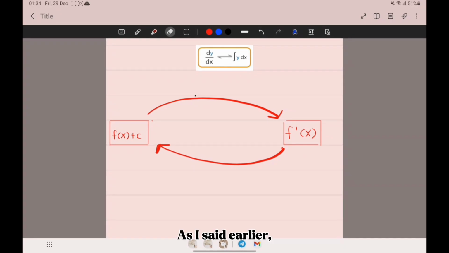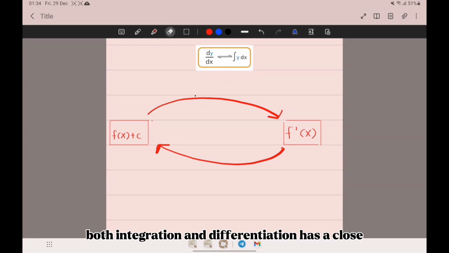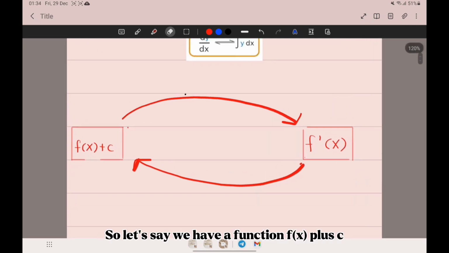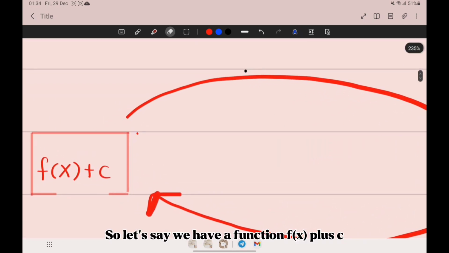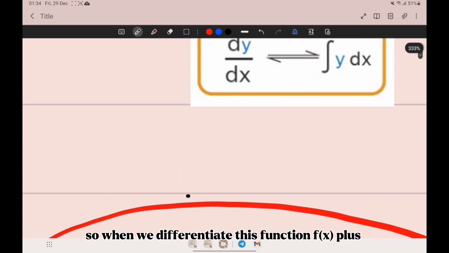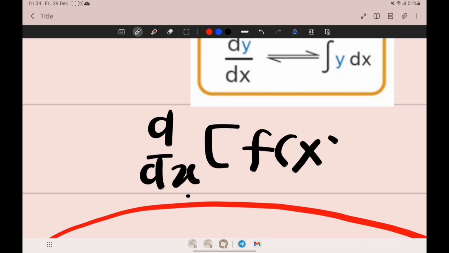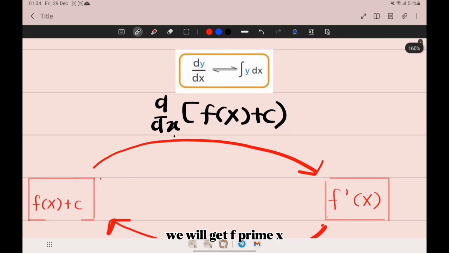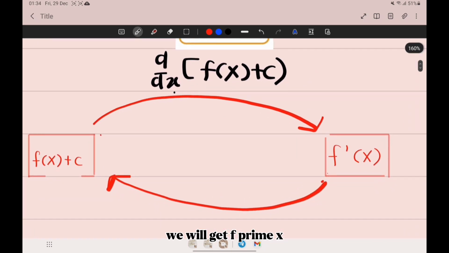As I said earlier, both integration and differentiation have a close relationship with each other. Let's say we have a function F(x) plus c. When we differentiate this function F(x) plus c, we will get f prime x.